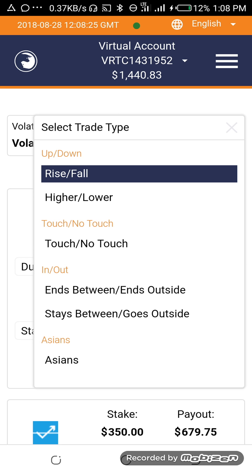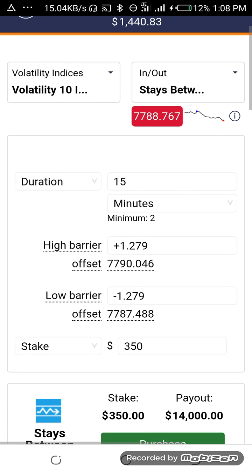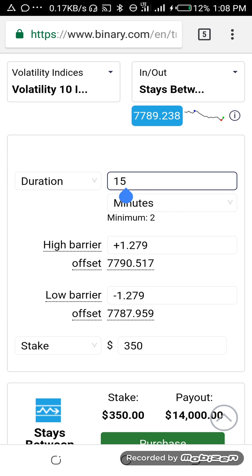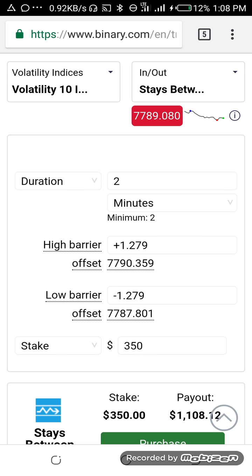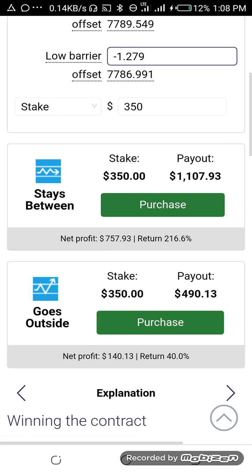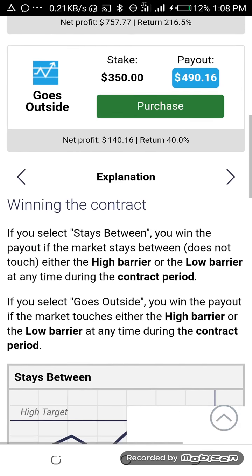You have many options: rise, fall, higher, lower, touch, do not touch, stay within, whatever. Now I can say stay within. Next you select your time frame. I'll say 2 minutes. Then this is the range, and I'm saying it's either stay in between or stay outside. So I'm going to say here it's going to stay outside.